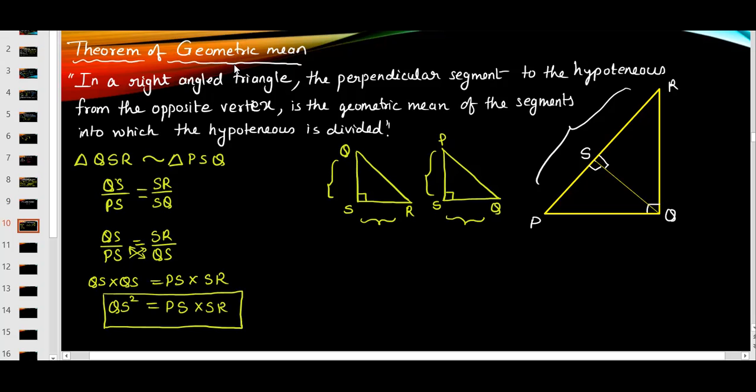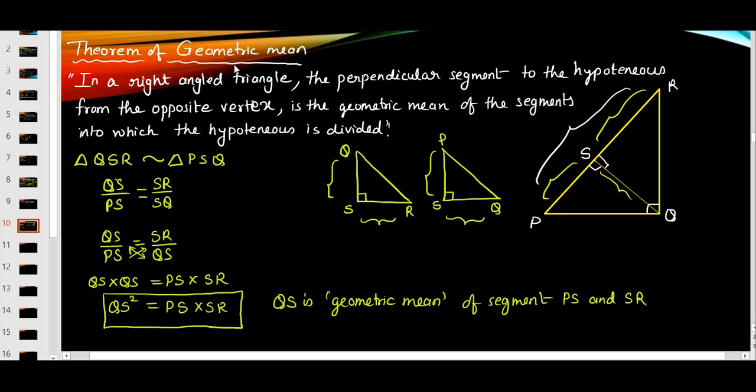QS is the geometric mean of the segments PS and SR. This QS, the middle length, the perpendicular length, is actually the geometric mean of segments PS and SR. It's a very simple formula where the middle length, the perpendicular length, squared is equal to PS multiplied by SR. This is how the formula is written.